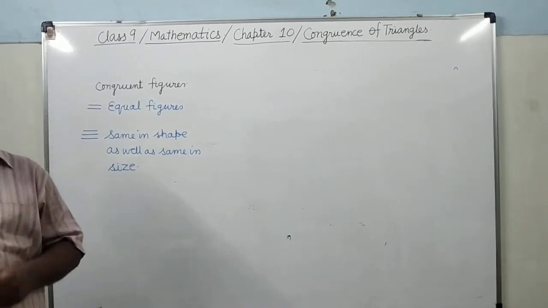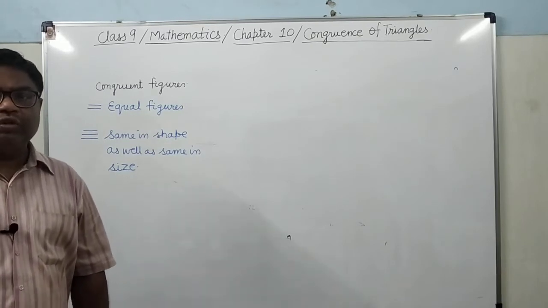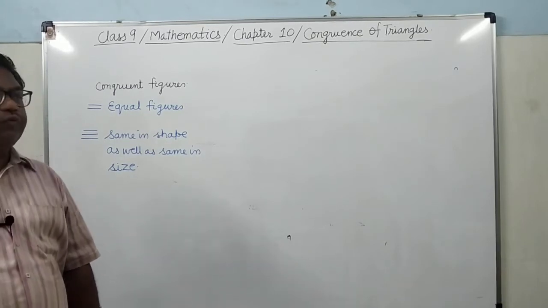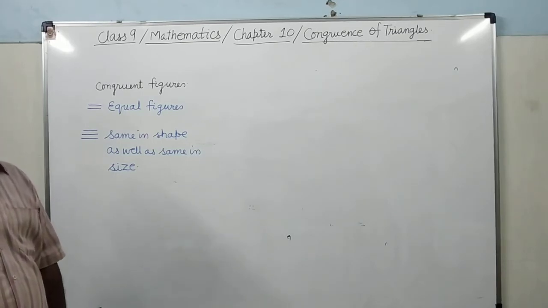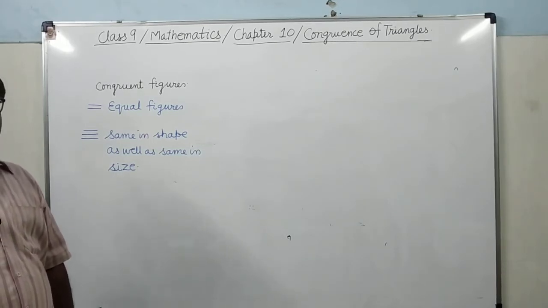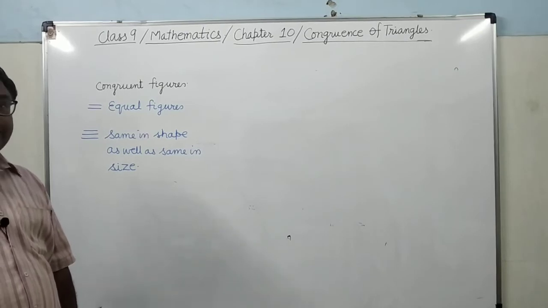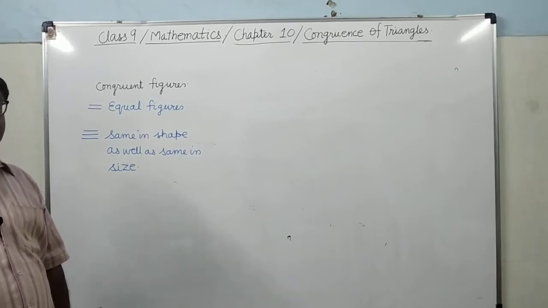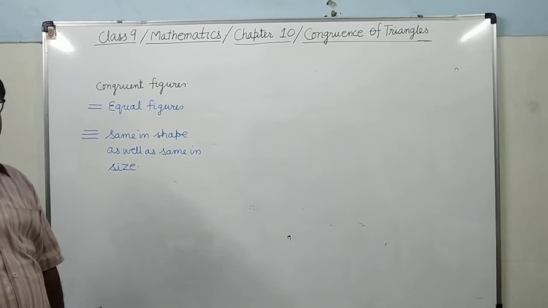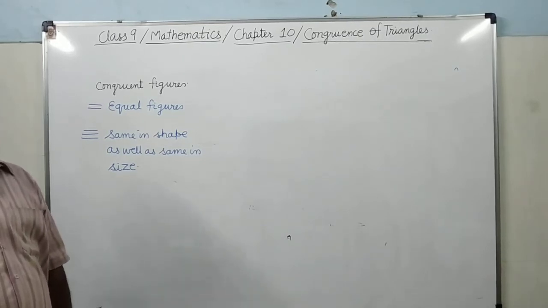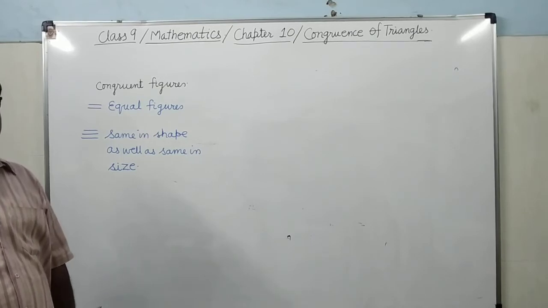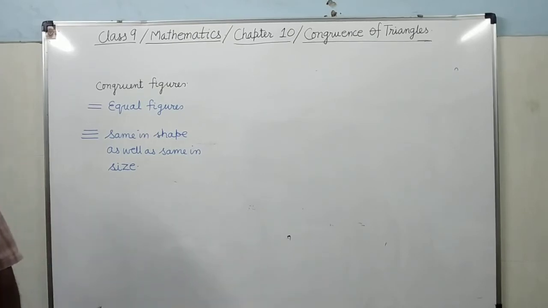So what is the first requirement of two figures to be congruent? They should be similar. If two figures are similar and also same in size, then they will be congruent. They will be equal. It is clear? Congruent means same in shape as well as in size.